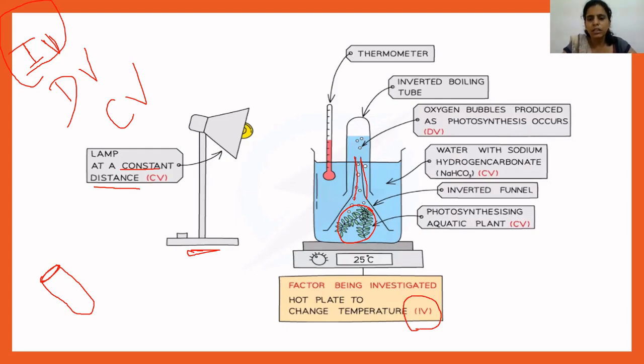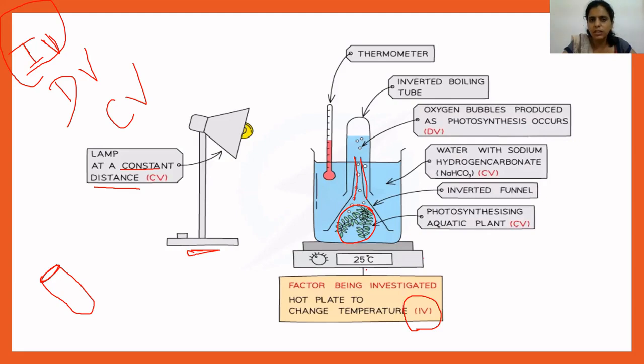Here we have used a hot plate. This is a hot plate. The entire experimental setup has been placed on the hot plate, because this hot plate provides the constant temperature to the water in the beaker. And this temperature will keep on changing.